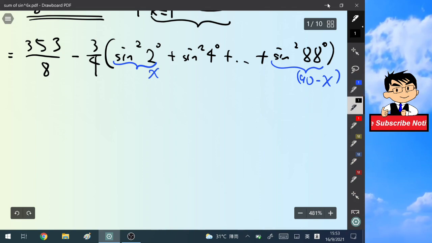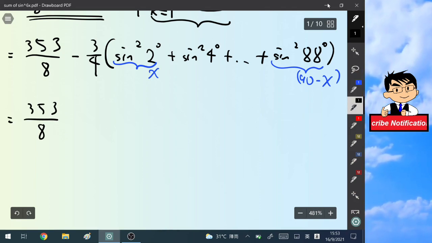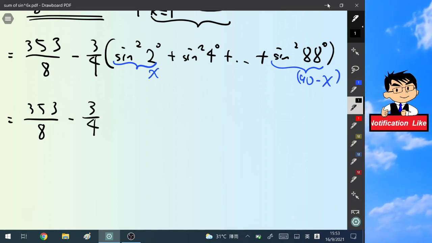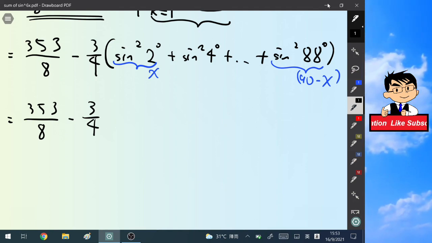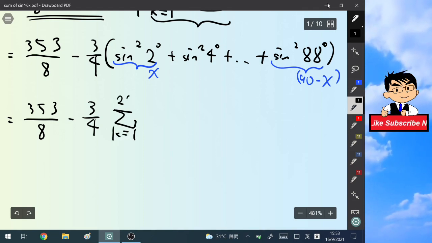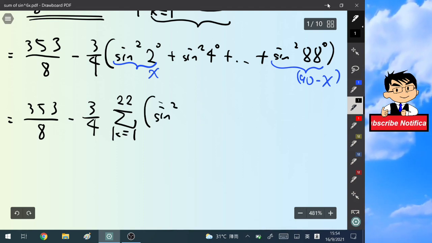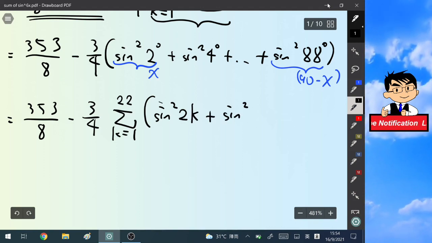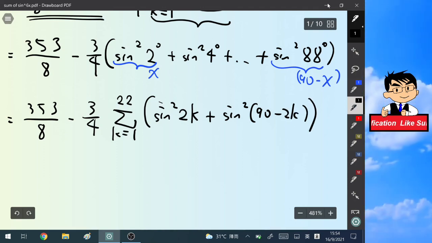So we can simplify it again. So it's 353 over 8 minus 3 over 4. And then we can further simplify it as the summation from k equals 1 to k equals 22. And then in the middle is sine square 2k plus sine square 90 minus 2k, like this.